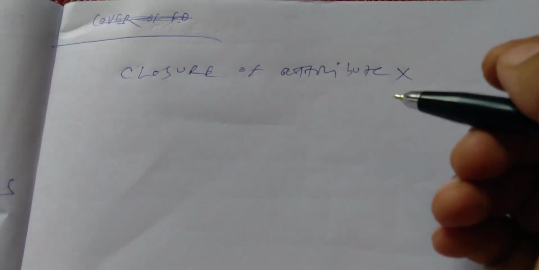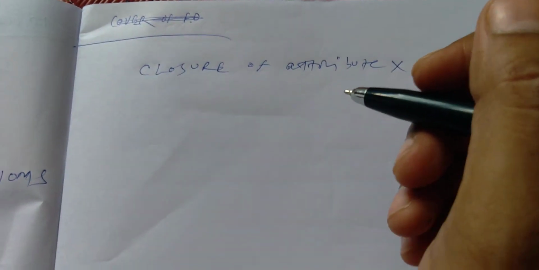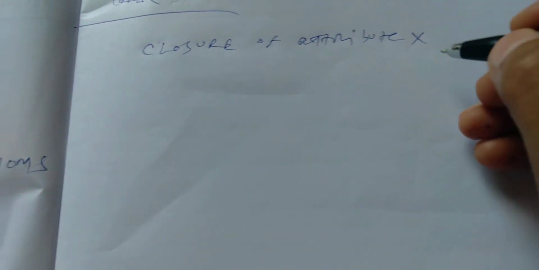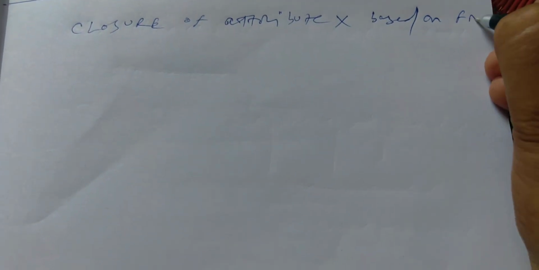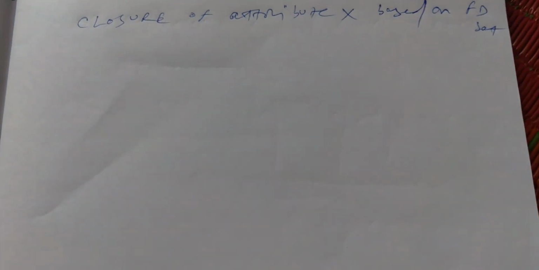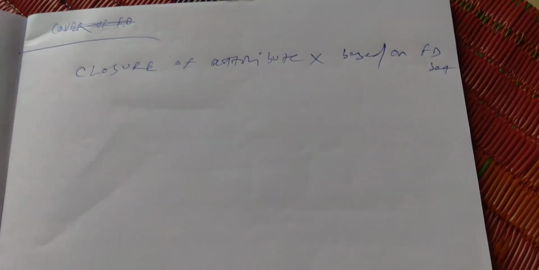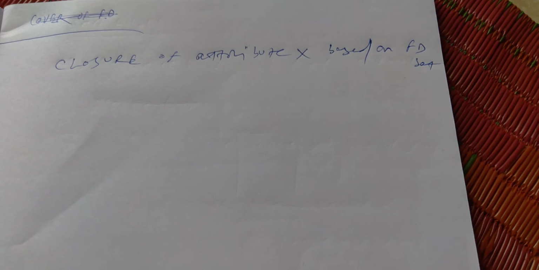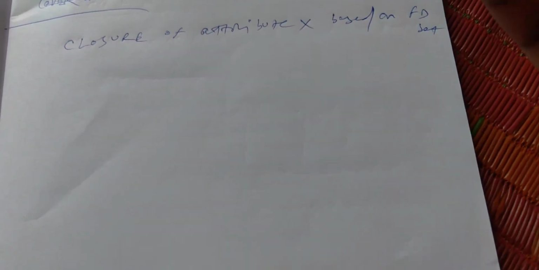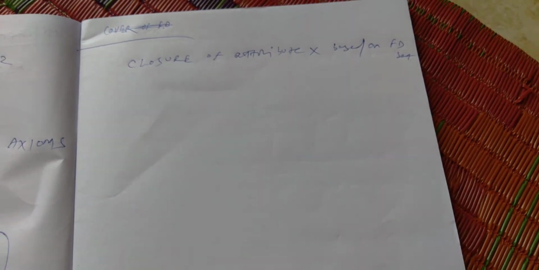Similarly, there is a concept called closure of attribute. Okay, closure of attribute X based on some functional dependency set. Don't confuse this. These are two separate things: closure of functional dependency set and closure of attribute X or any attribute.